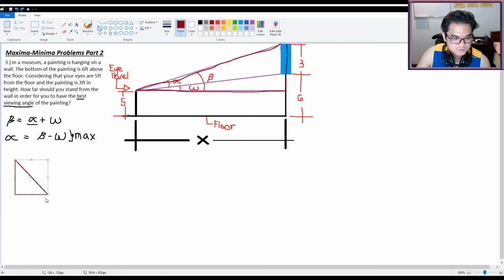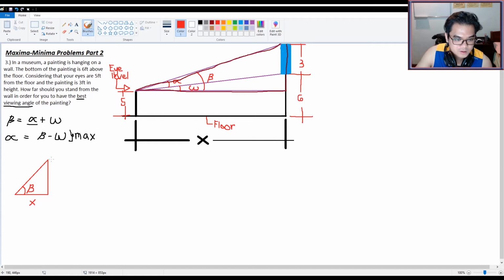Let's just rotate this one. That big triangle will have the angle beta, and the base of the triangle, of course, is x. So this is x.